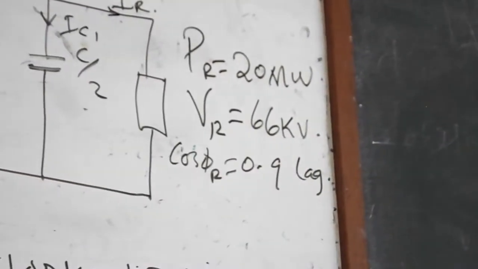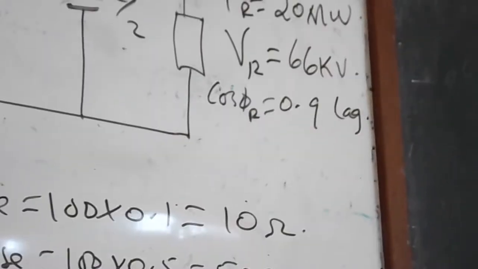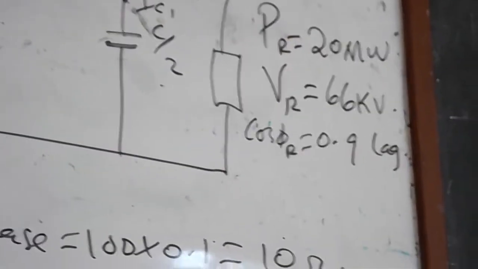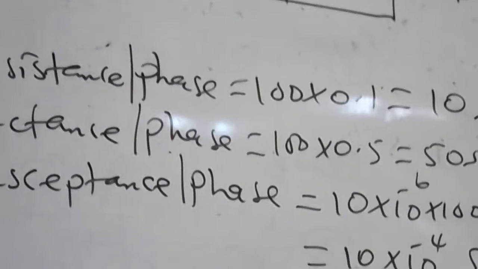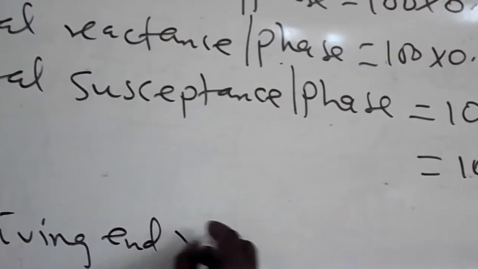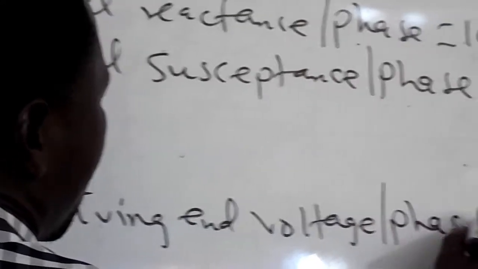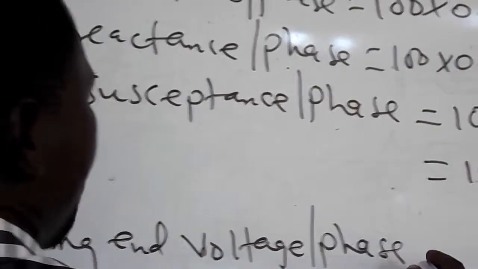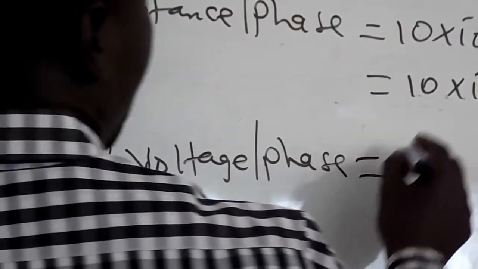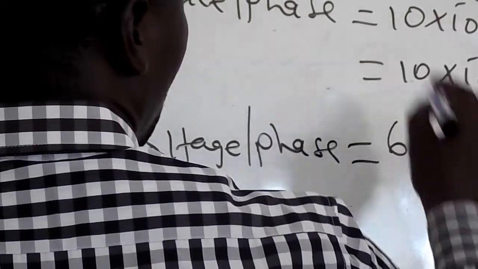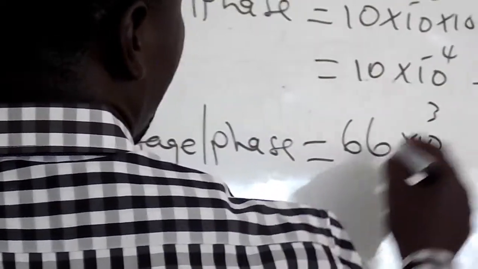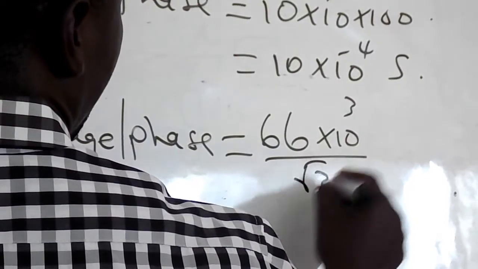So we can start by getting the receiving end voltage per phase. Receiving end voltage per phase is equivalent to 66 times 10 power 3 all over root 3.